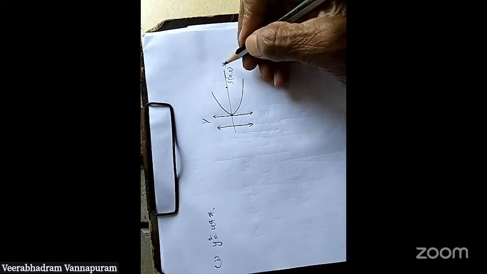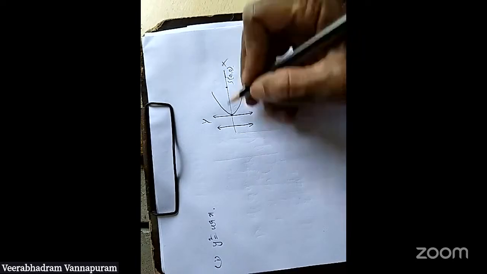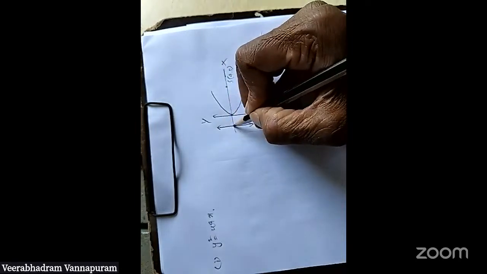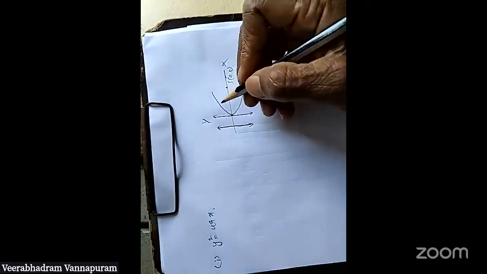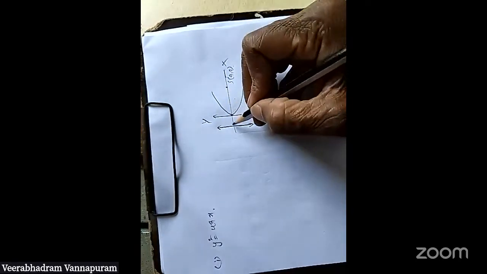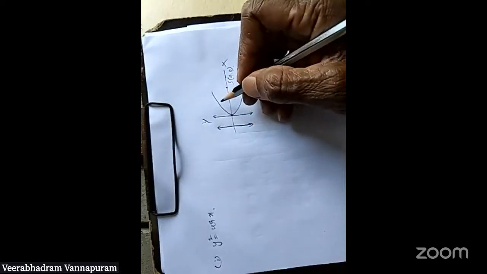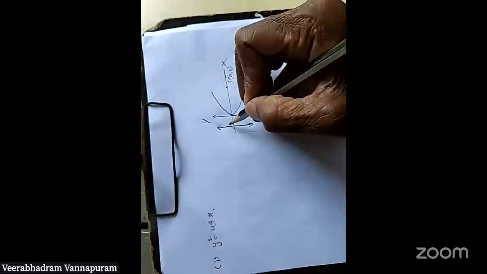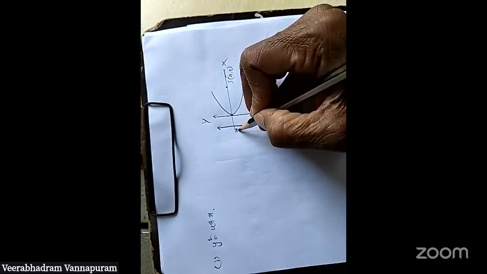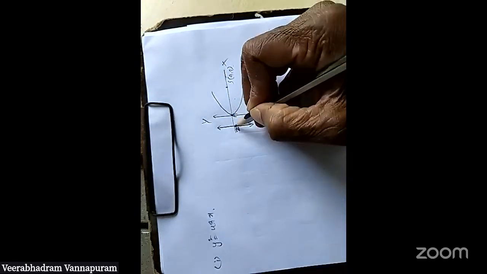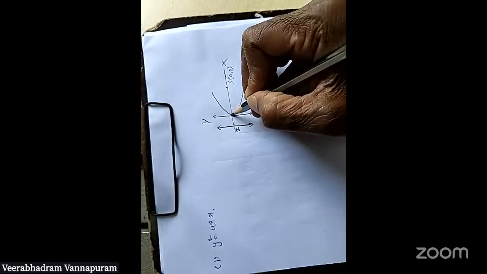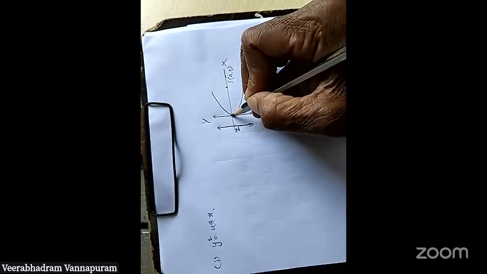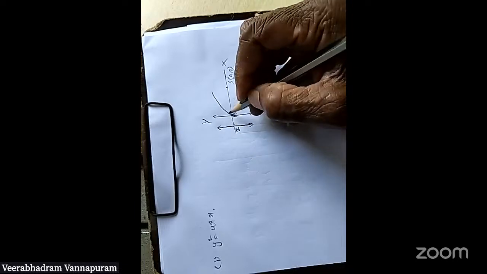The equation of the directrix: we already discussed here the equation of the line. So here we have point Z. This is A. The distance of the directrix from A is small a.